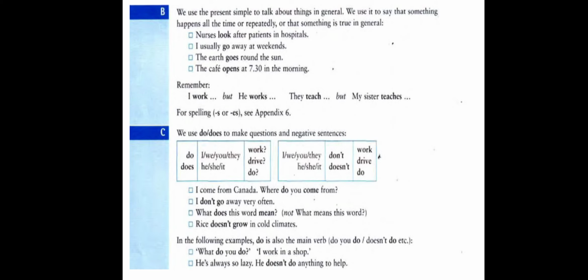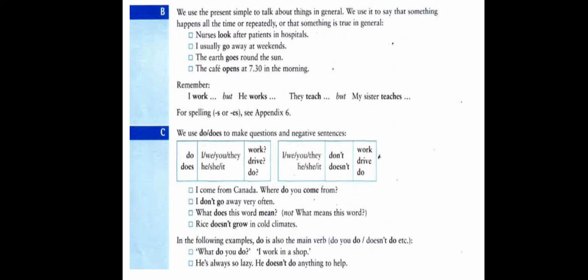So we use does and we use not to express the negative. And the main verb goes back to its original form, the base form, a bare verb without any addition. So it becomes he doesn't work, she doesn't work, it doesn't work. He doesn't drive, she doesn't drive, it doesn't drive. He doesn't do, she doesn't do, it doesn't do.